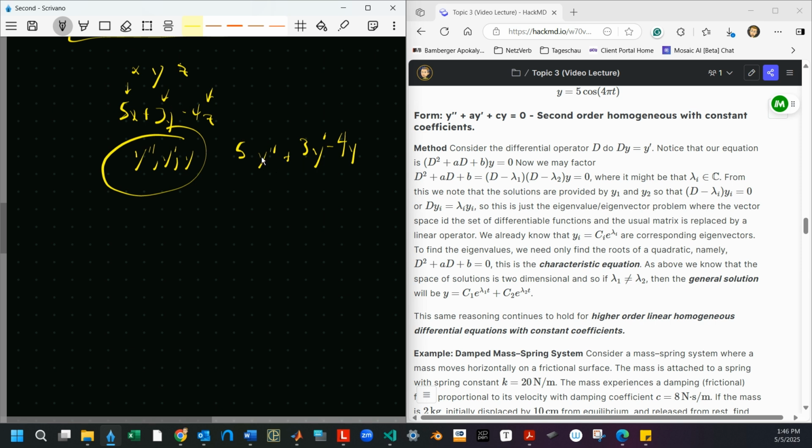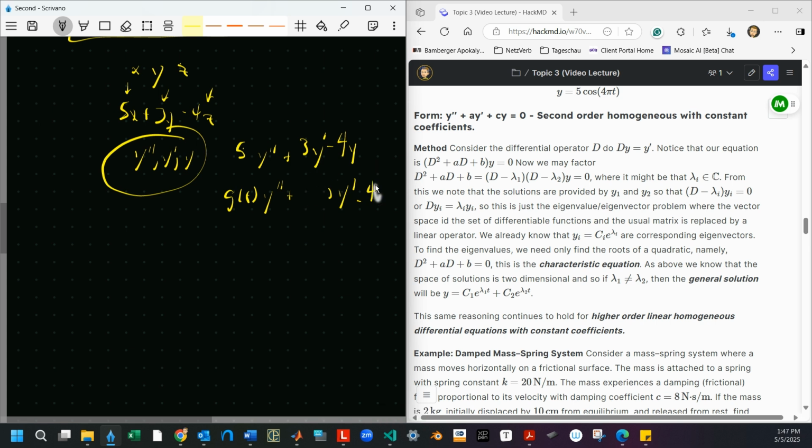And actually here the variable's y, so in some sense we even say that if these are functions of t, so g of t, these become like the scalars here because we're actually solving for functions.